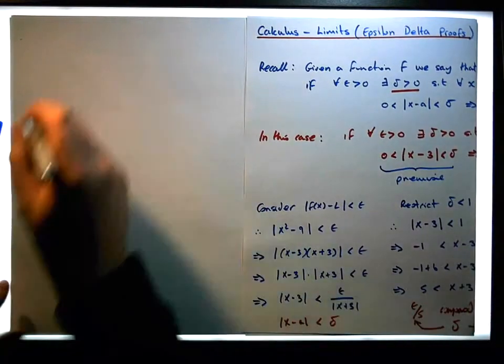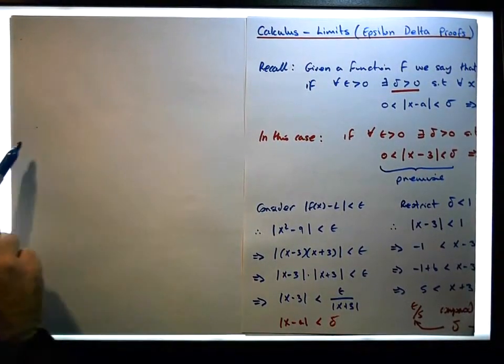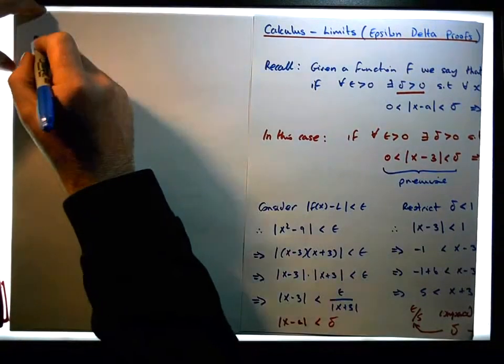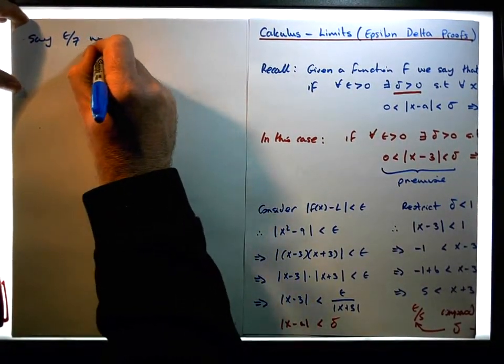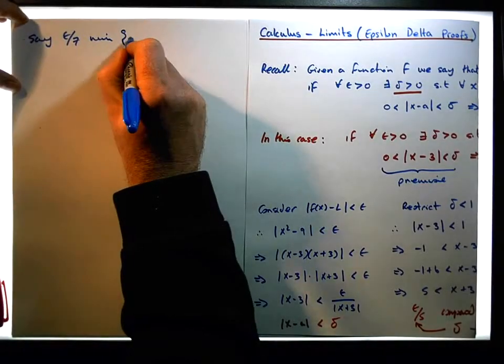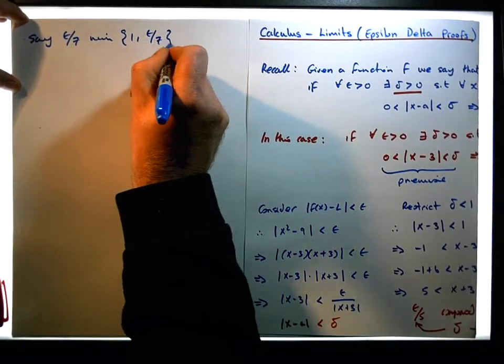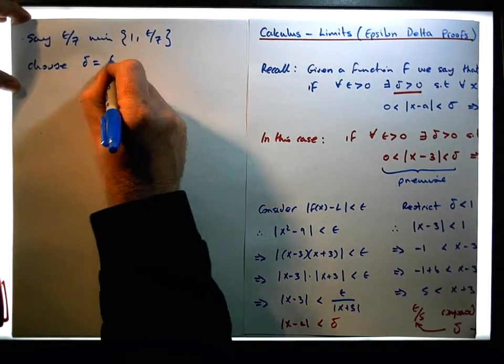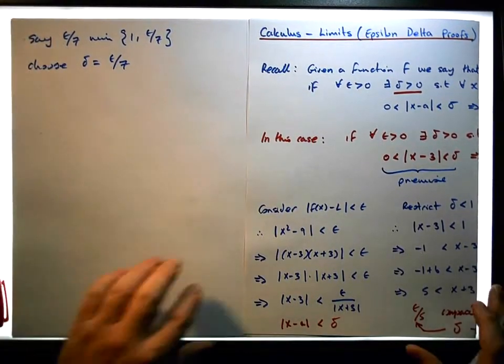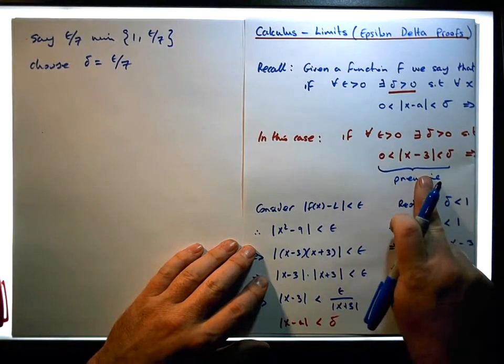So let's say, for argument's sake, that epsilon over 7 is the minimum of 1 and epsilon over 7. So let's choose delta to be equal to epsilon over 7, and let's start the argument again, starting with the premise.